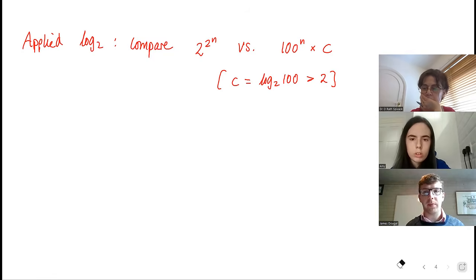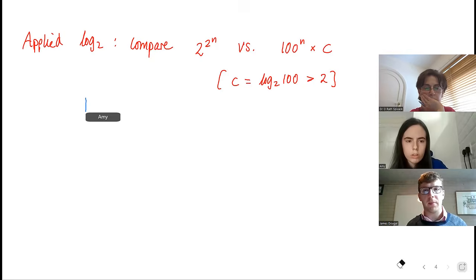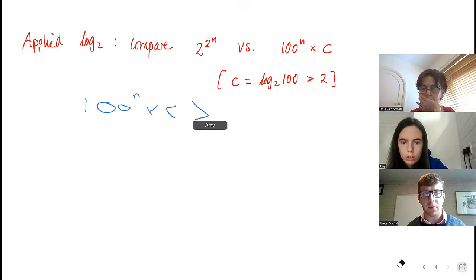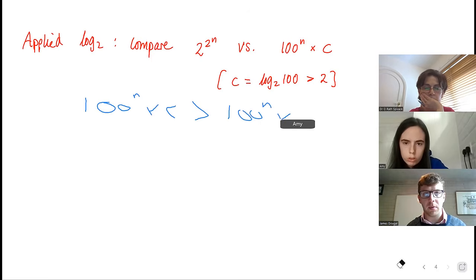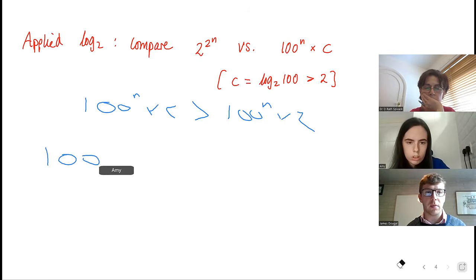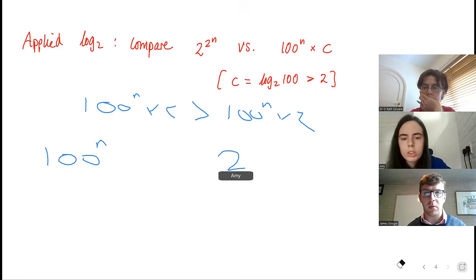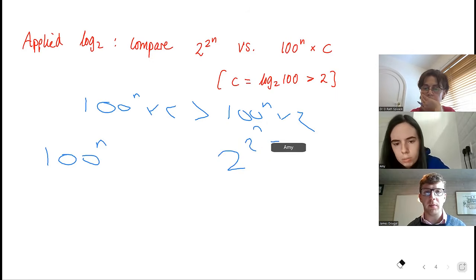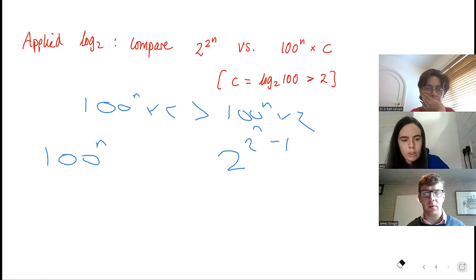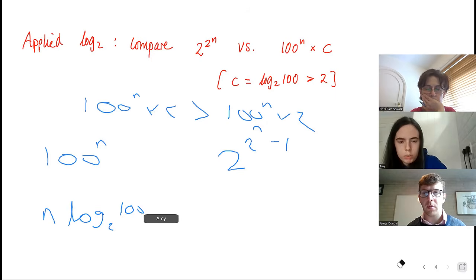Because we know this is greater than 2, we can say that 100 n times c is greater than 100 n times 2. So we just need to show that 100 to the power of n is either going to be less than or equal to, it's either going to be less than or greater than 2 to the 2n minus 1. If we then take log base 2 again, we get that n log 2 of 100 is going to be something of 2 to the power of n minus 1.